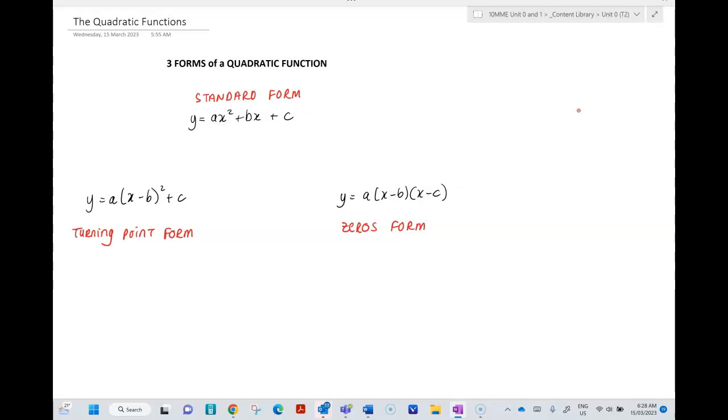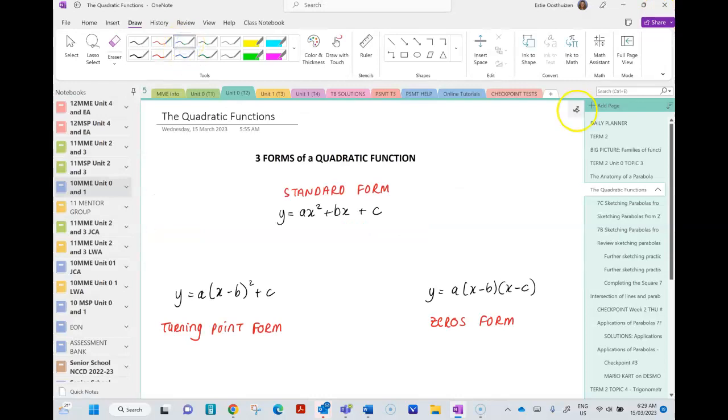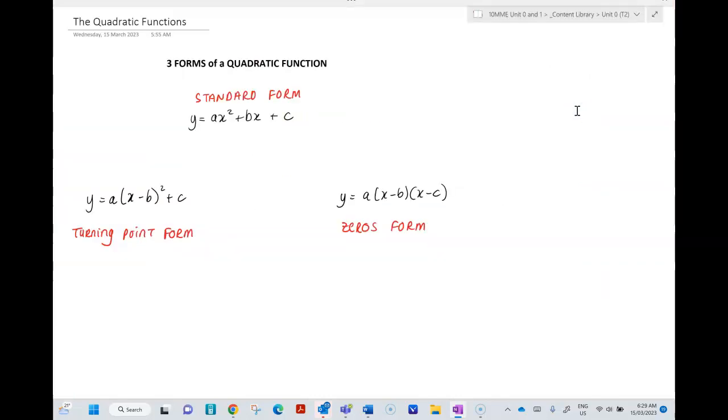All right, so if we go back to the standard form, let's just talk about what we see over here. So the a is actually called the dilation factor. And the dilation factor determines the shape of the parabola. Using basic speak, it can make it a fat parabola or a long, skinny parabola.